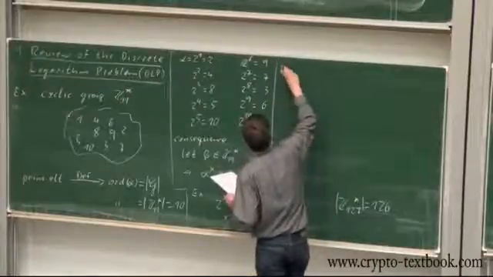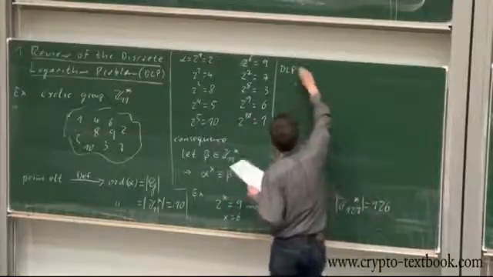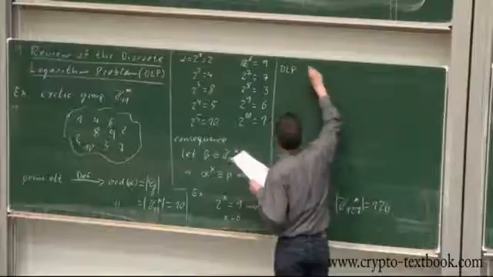And now, again, this is all repetition, more or less, from last time. The definition of the discrete logarithm problem is as follows.